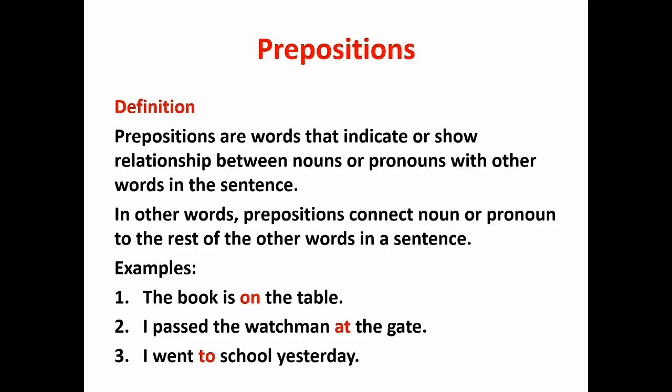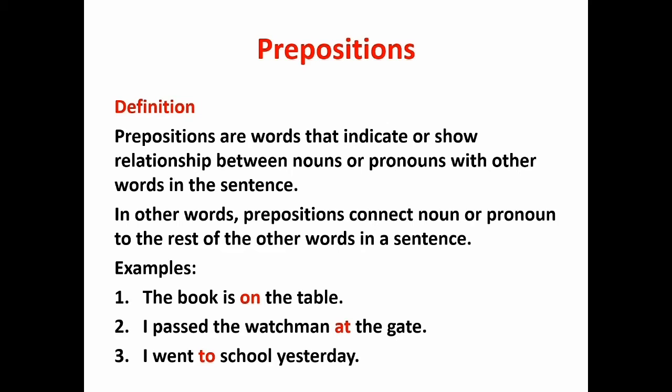We look at the definition of prepositions. Prepositions are words that indicate or show relationship between a noun or pronoun and other words in the sentence. In other words, prepositions connect a noun or pronoun to the rest of the words in a sentence.